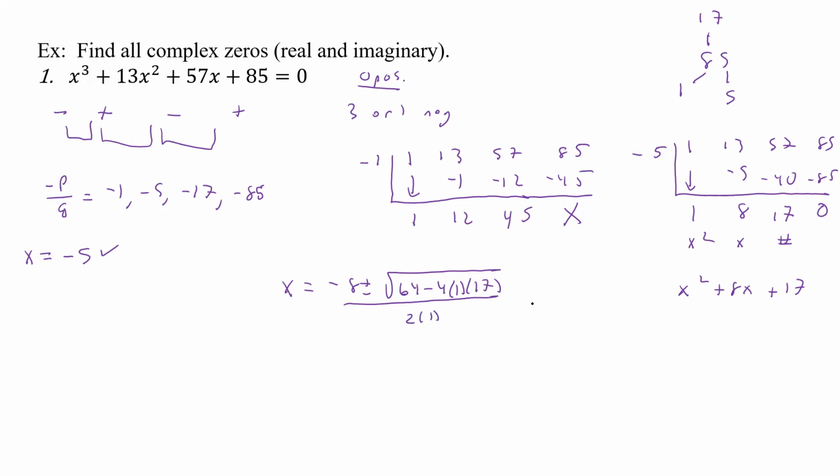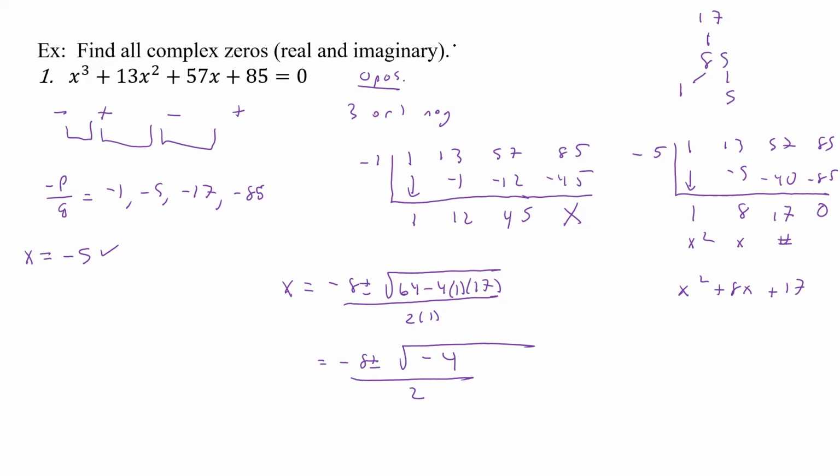Okay, so what do we simplify that down to? -8 plus or minus square root of, well, 4 times 17. Let's go ahead and put that in the calculator to be lazy. That's 68. So 64 minus 68, guess what? That's the square root of -4. So we have -8 plus or minus the square root of -4, all over 2.